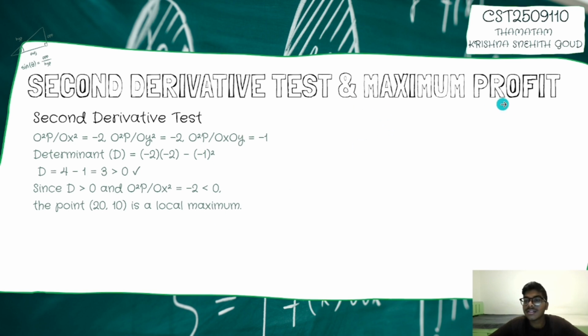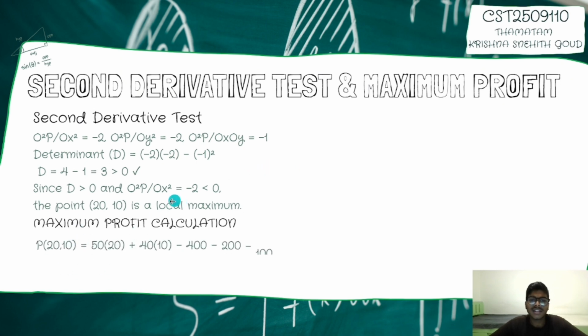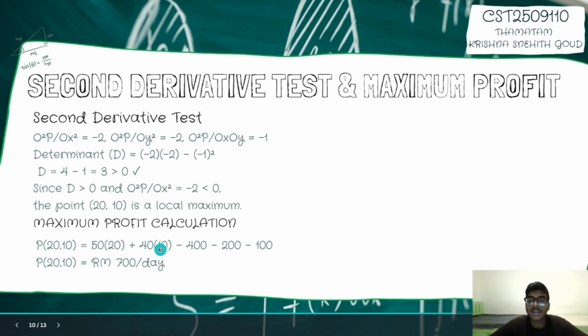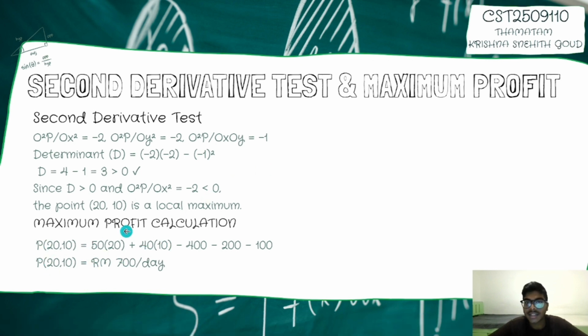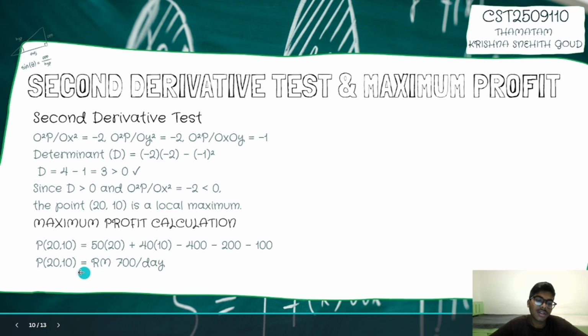So the next is maximum profit. We are going to calculate the maximum profit. It is simple: the equation which we got in the question is the equation we are going to substitute x and y into. So P(20, 10), we substitute 20 and 10, and we get the values. By simplification, we get 700 ringgits per day.